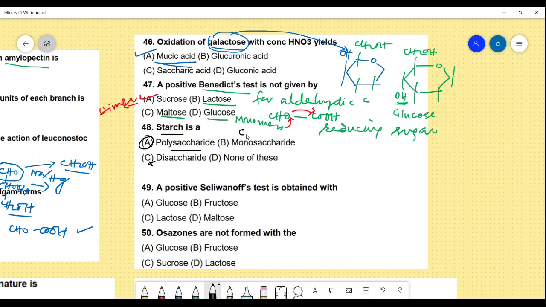C12H22O11 is sucrose. C12H22O11 will be there for sucrose, and starch has a formula of n times. What is that unit? Can you recall?